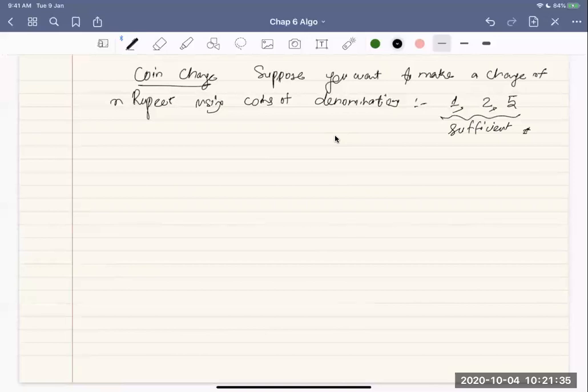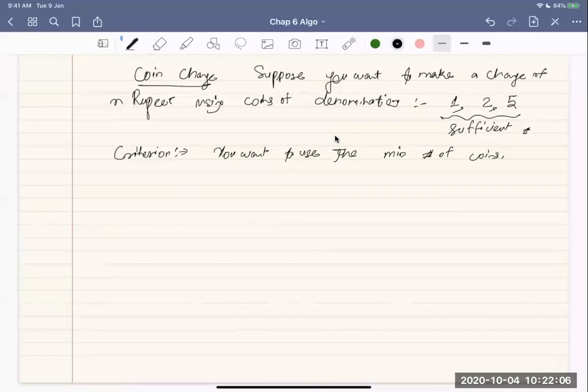Okay, fine. You can always do that. So this in itself is not a problem. You can give me n rupees, I can give you 1 rupee coins. So there should be a criterion that you need to optimize. That is where you will have to design an algorithm. So the criterion is you want to use the minimum number of coins.